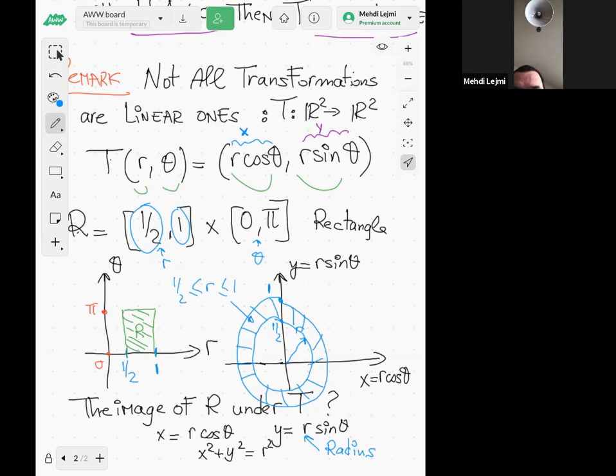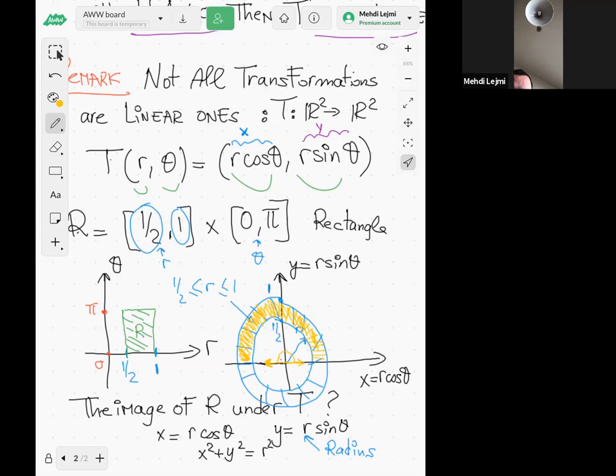Next, what about the angle theta? The angle theta is between 0 and pi, so you go from the angle 0 to the angle pi. Then the image would be this yellow region here, the half of the annulus.